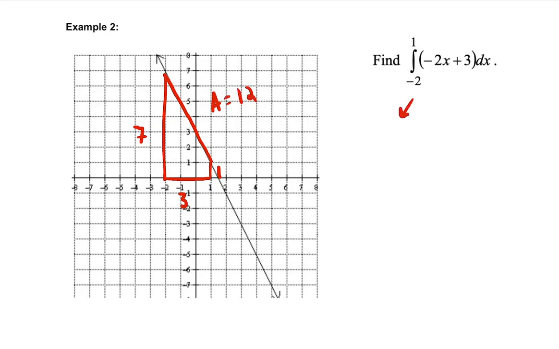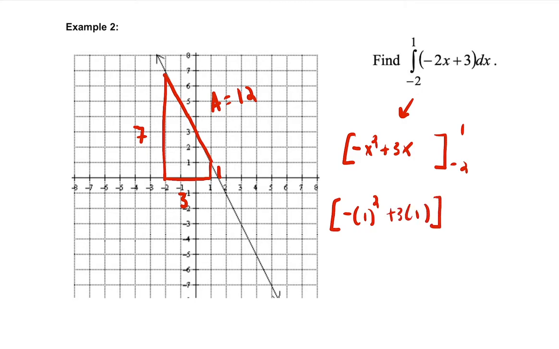And so if I work this out using the fundamental theorem, same thing, negative x squared plus 3x from negative 2 to 1. That's going to be negative 1 squared plus 3 times 1 minus, I do that with brackets, negative 2 squared plus 3 times negative 2.